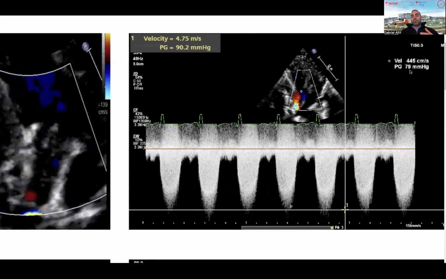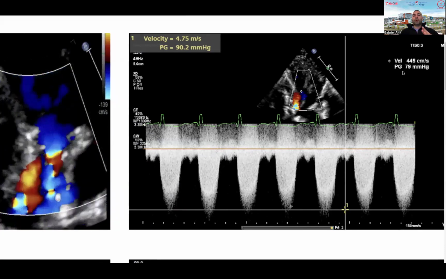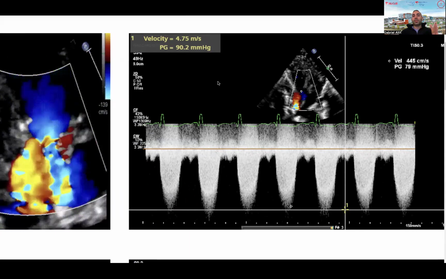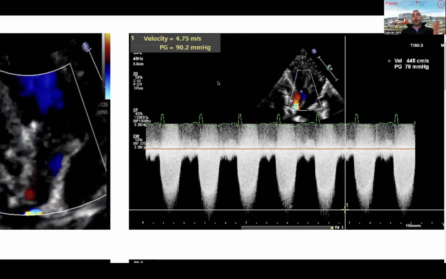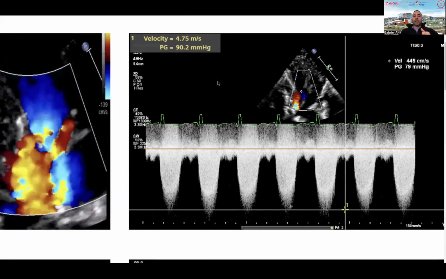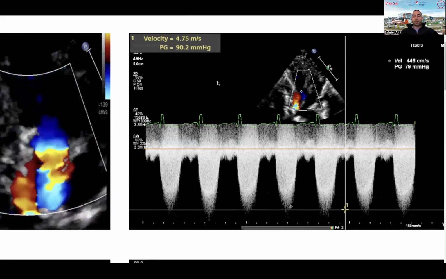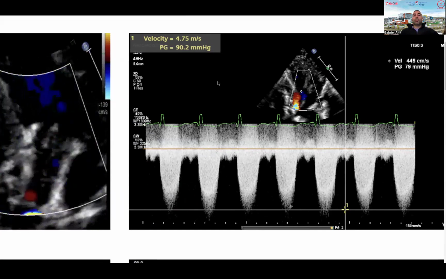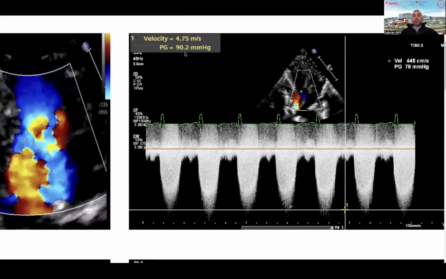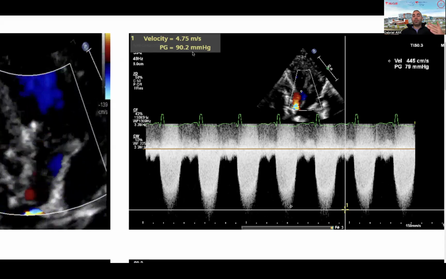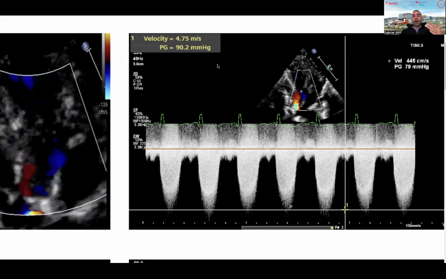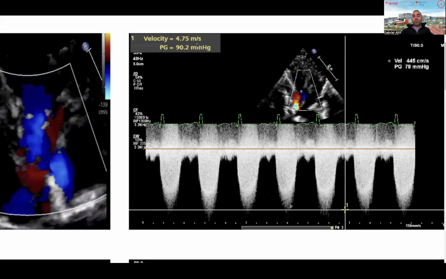And so we get about, depending on the envelope, here I've put the highest we got, which is 90 millimeters of mercury, but it was oscillating between the mid 70s and 90 millimeters of mercury of gradient. So it tells me there's a gradient between the RV and the pulmonary artery of at least 90 millimeters of mercury based on the modified Bernoulli equation, because the velocity of flow going through the valve is 4.75 meters per second.